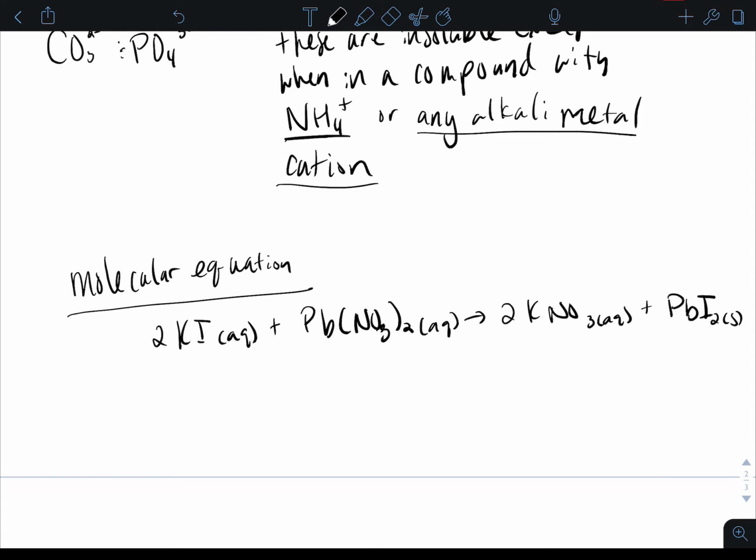But there are other equations we're going to look at in today's lecture, including a complete ionic equation and a net ionic equation. So our complete ionic equation is going to be one where we take anything that's in the aqueous state, any strong electrolyte in the aqueous state, and break it down into ions.